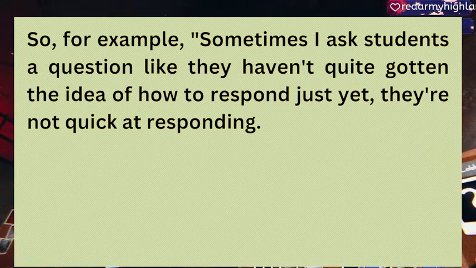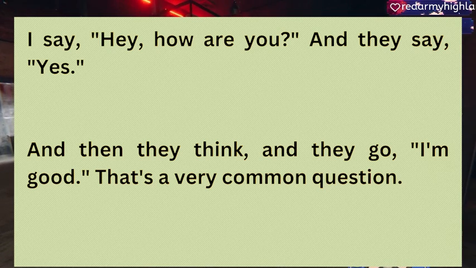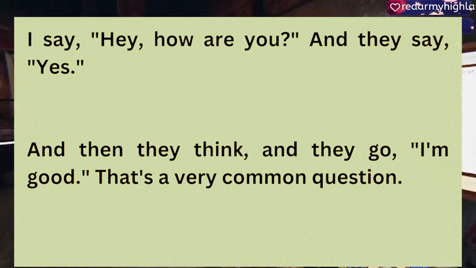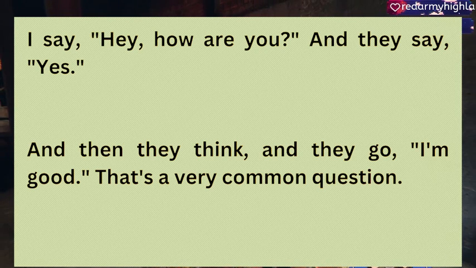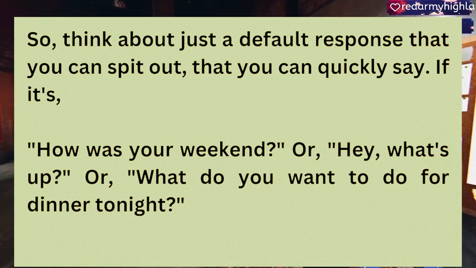They're not quick at responding. I say, "Hey, how are you?" And they say, "Yes." And then they think, and they go, "I'm good." That's a very common question. So think about just a default response that you can spit out, that you can quickly say.